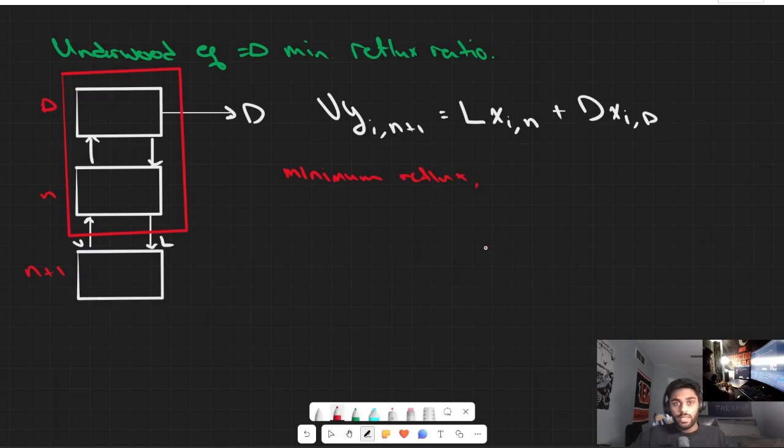Essentially, this means that as we approach the pinch in a McCabe-Thiele diagram, the area bounded between the equilibrium curve and the operating line, in this case the rectifying line, we are not changing the composition anymore. So at minimum reflux, composition does not change at the pinch.